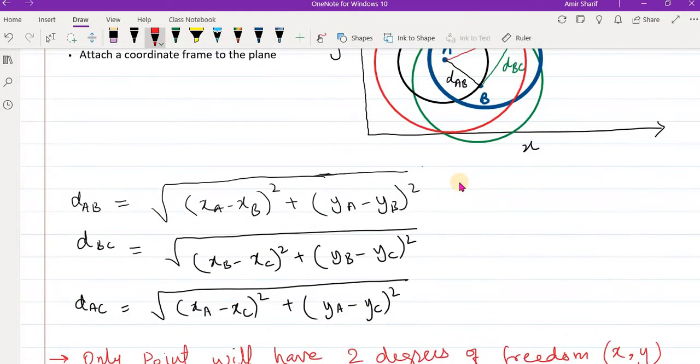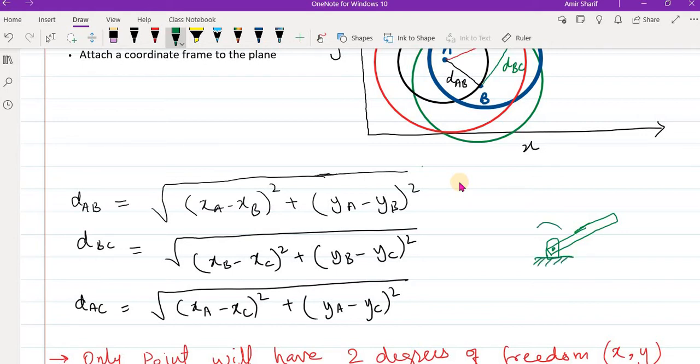An example of a constraint will be, let's say, here we have a link, and here we have a joint, and this joint is a revolute joint.